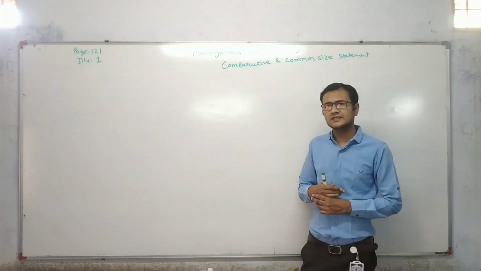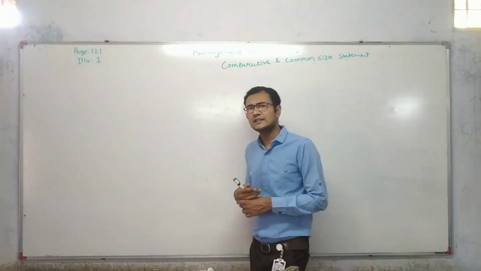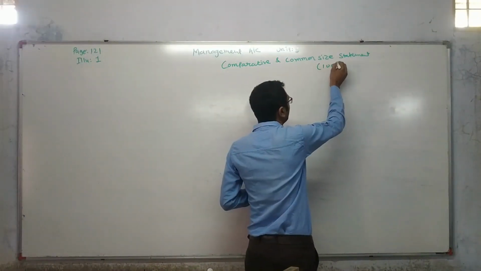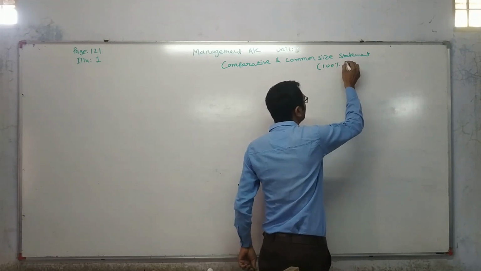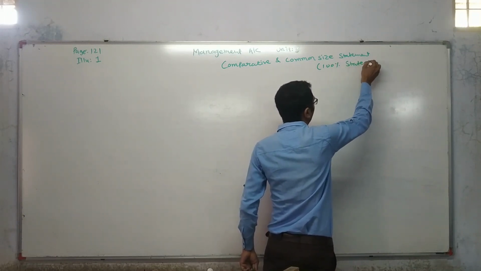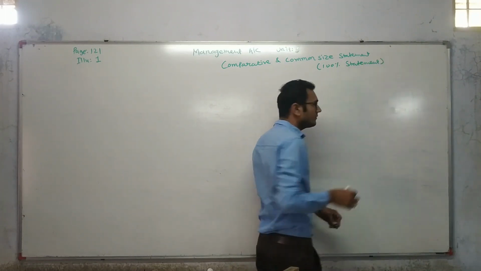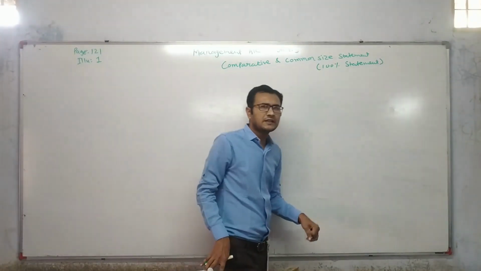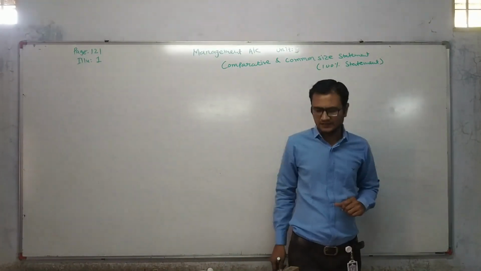Now common size statement is also known as 100% statement. So second name of common size is 100% statement. It is not compulsory that in common size statement you will be given the information of 2 years.